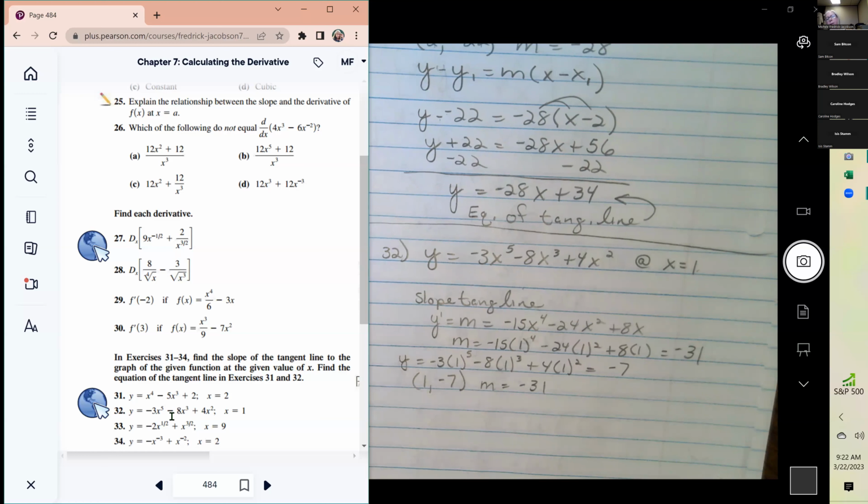So I found the y value by plugging it into the original. Go ahead and find the equation of the line.